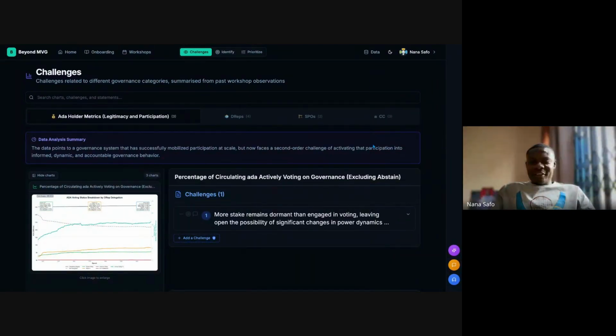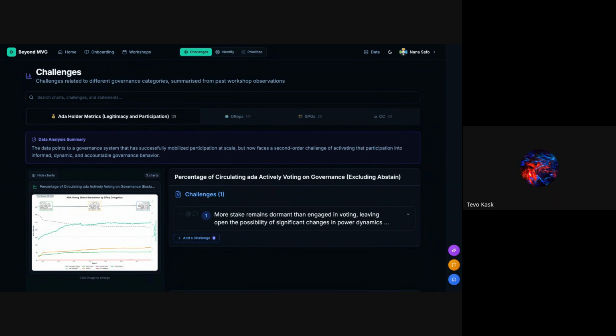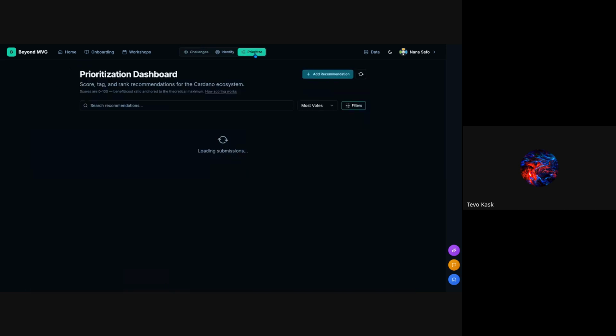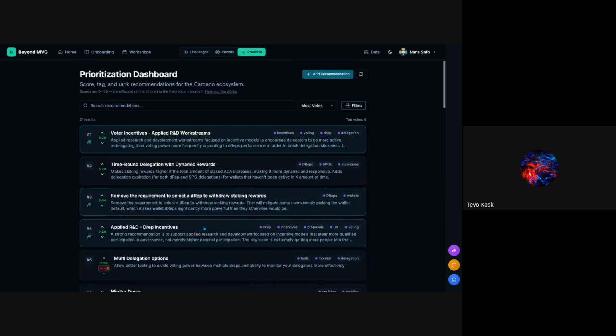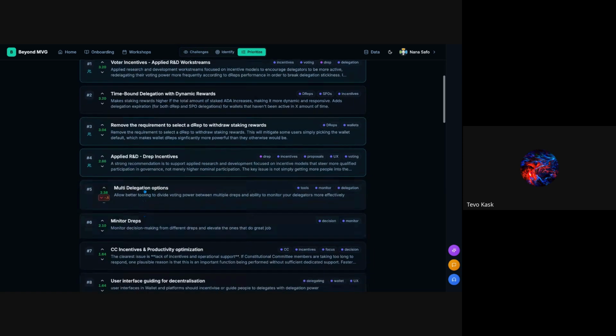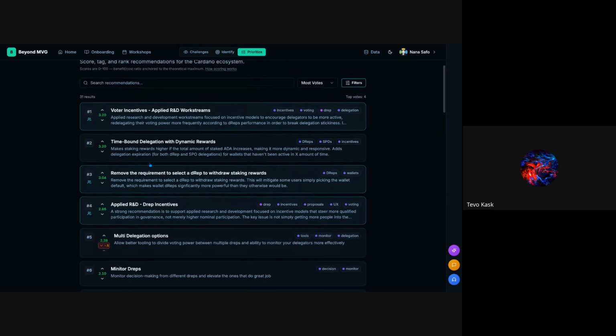Perfect. Tivo, I see that your hand is raised. If I could suggest, in the prioritized page, go into that page and open the filters for the recommendations. Based on the last workshop, filters are above at the top of the list of prioritizations. If you scroll up, you'll see the filters button on the right side, next to the most votes.